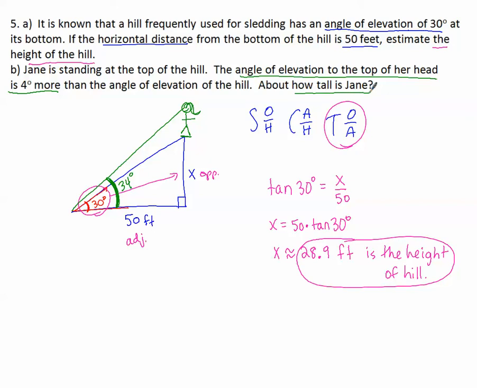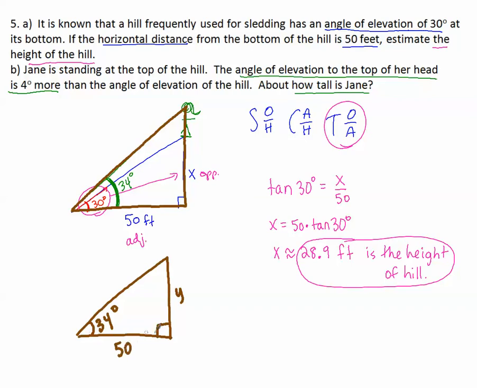So think about what we have right here. This nice, bigger right triangle. I'm going to draw that separately from our picture. We have the 34-degree angle of elevation and all the way to the top of Jane's head, and this is what we want to find. Let's call this all the way y.